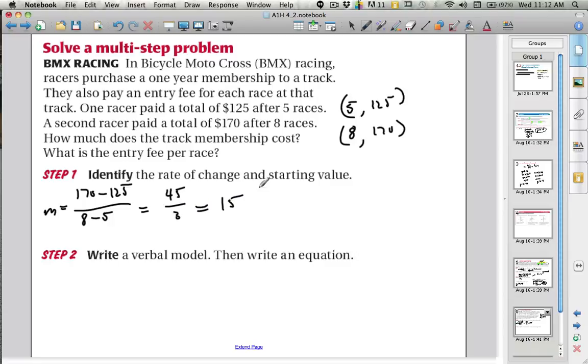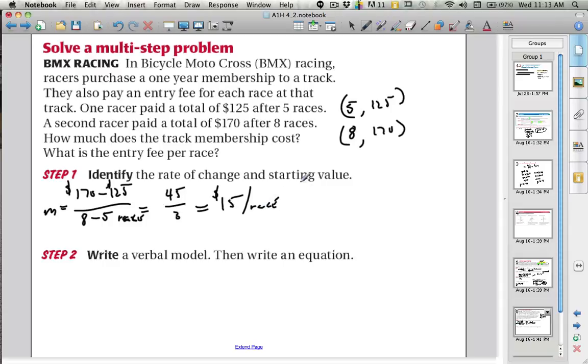So the slope is $15, so it's $15 per race. Remember, these were dollars, and these were number of races. So I come out with dollars per race.